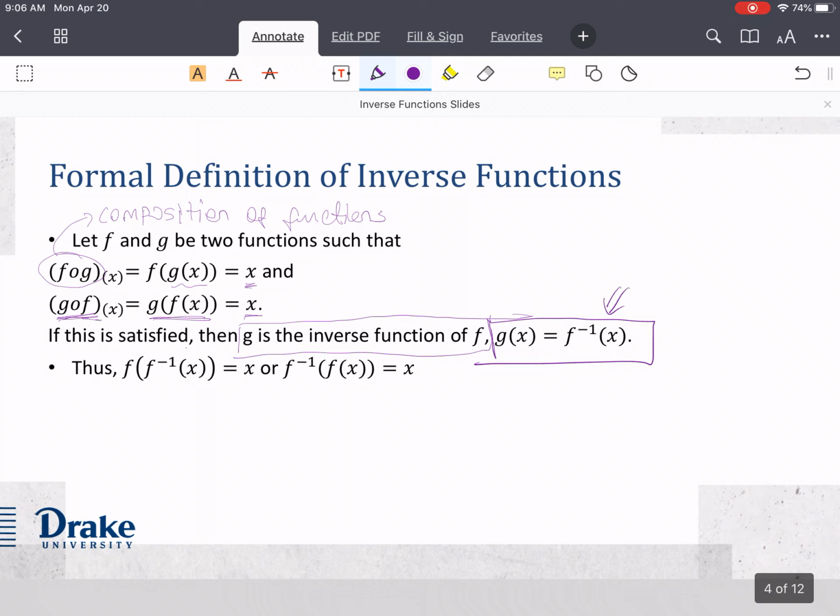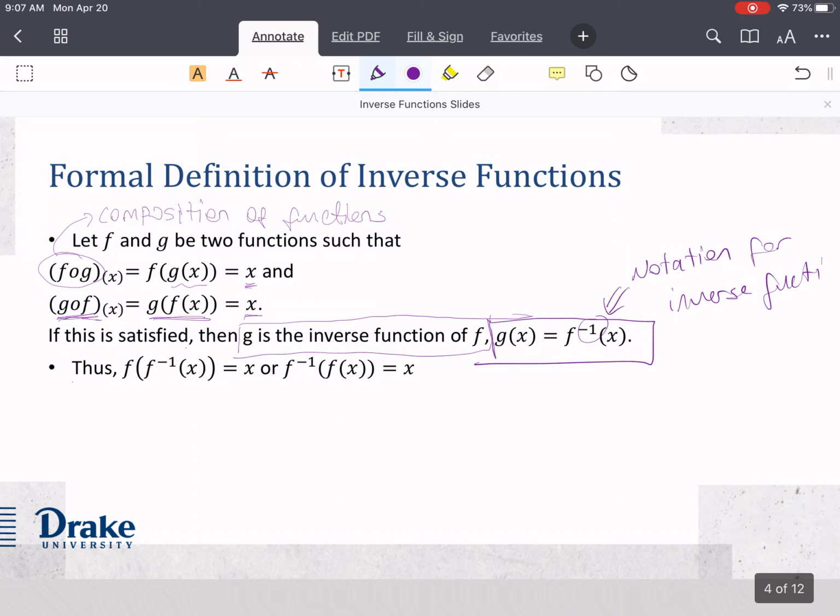So you realize this is the notation for inverse functions. We simply put this -1 as an exponent to indicate that g is the inverse function of f.